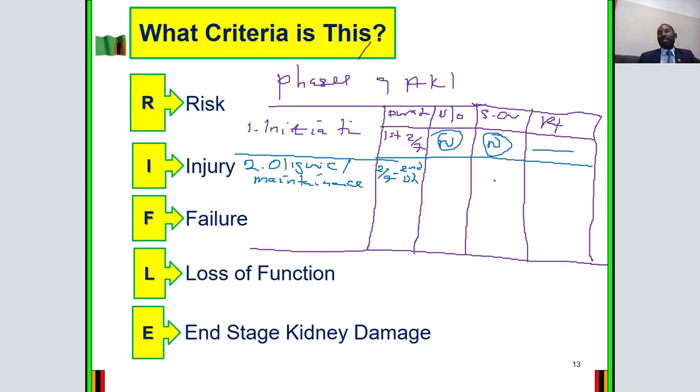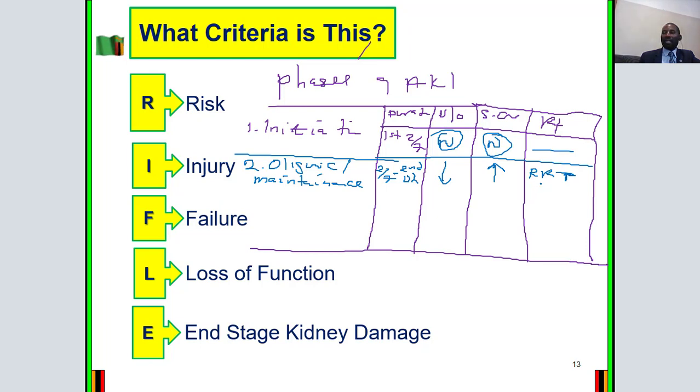Of course, serum creatinine is going to increase. And when serum creatinine has increased, it simply means that the urine output will decrease. Now you may need treatment, renal replacement therapy, based on the observation.